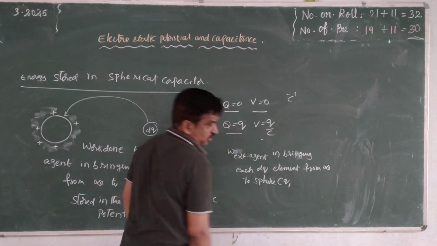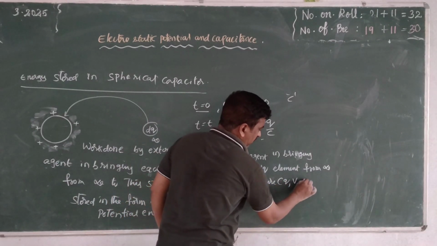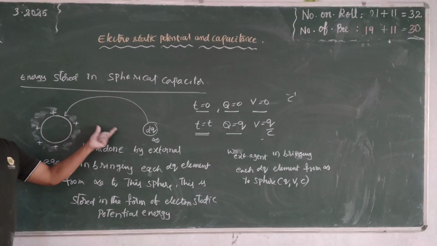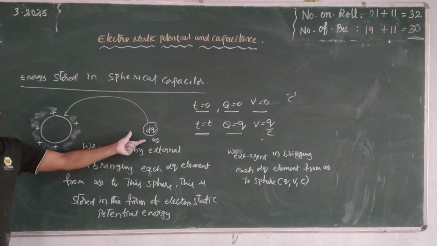This sphere has charge q, potential V, and capacitance C. In that case we can write the work done by the external agent in bringing dq charge from infinity to this sphere.